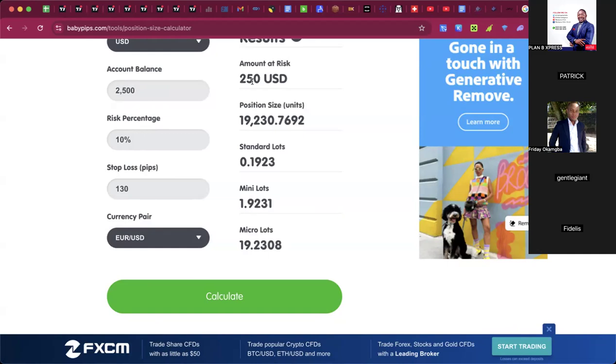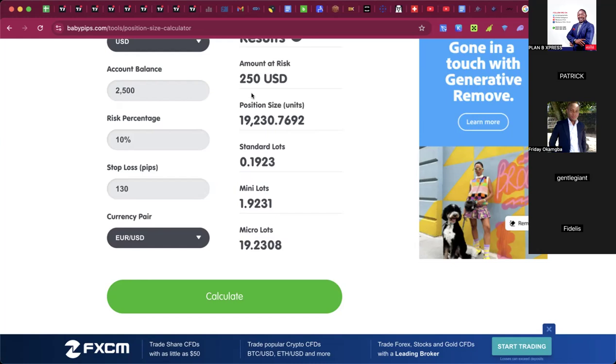So if that is the case, this is what you are now doing. You say, I'm going to risk 250. And that's why I always tell you the minimum risk reward I want is 1:2. That is, I'm risking 250 to make two times of it, which is 500.